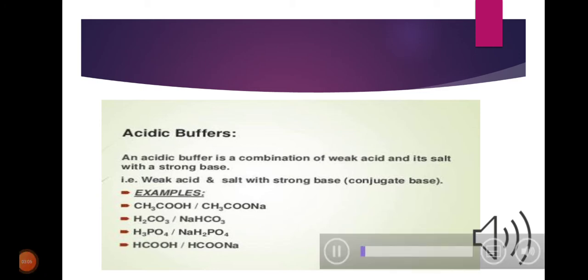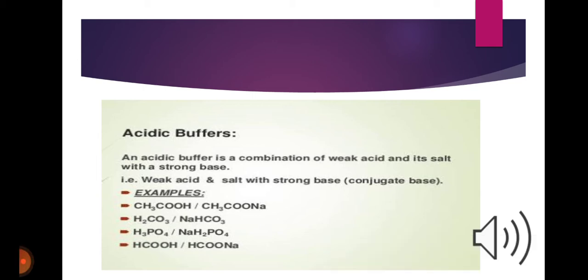Now there are two types of buffers, acidic buffers and basic buffers. First we will discuss acidic buffers. An acidic buffer is a combination of a weak acid and its salt with a strong base. For example, they have given acetic acid and sodium acetate, and other examples are also there.